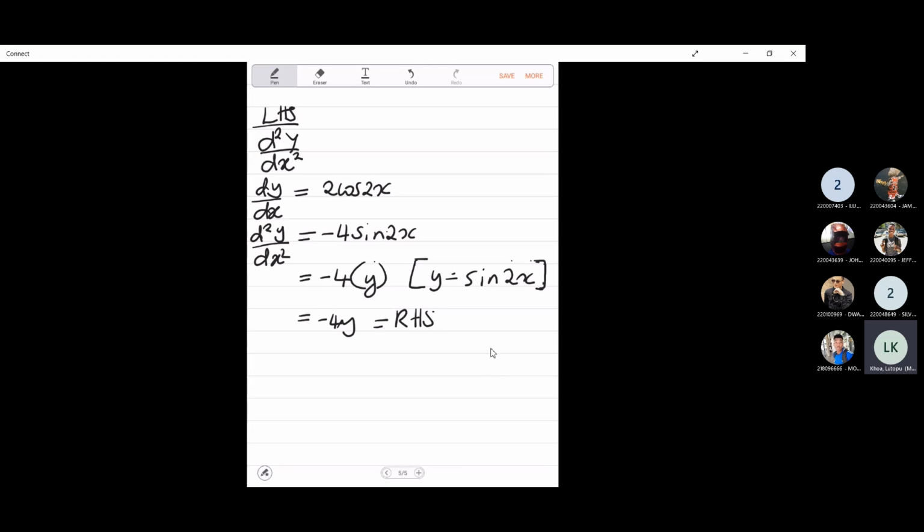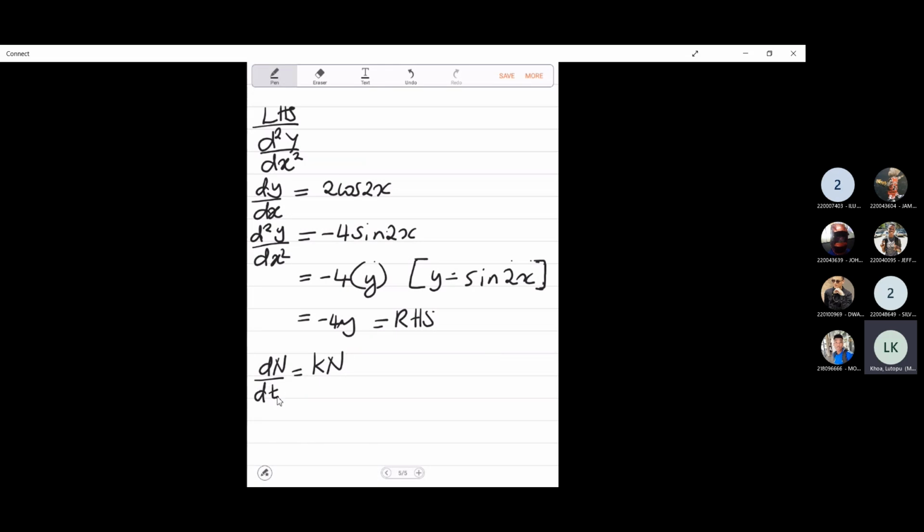So one place where these differential equations occur is in radioactive decay. So we have something like this, dN dt is equal to kN, where N is the number of particles that remain at a specific time.